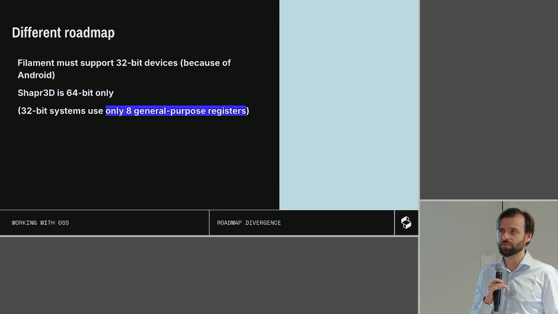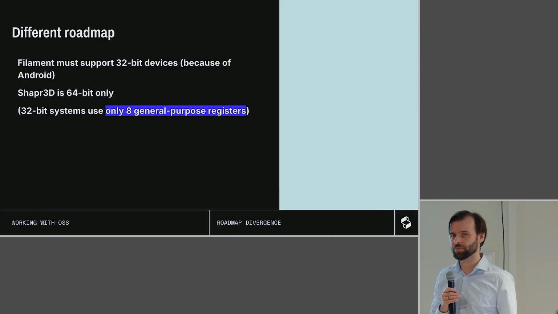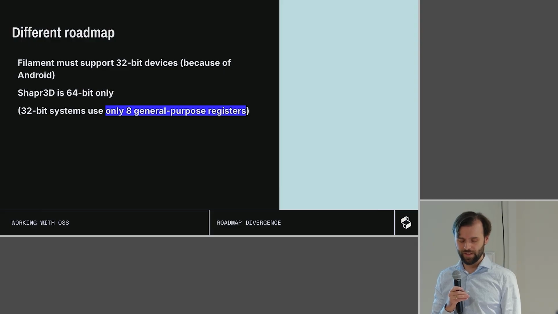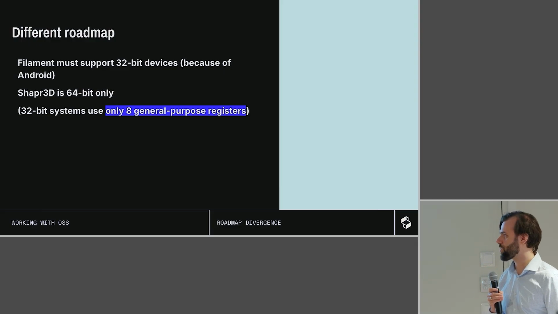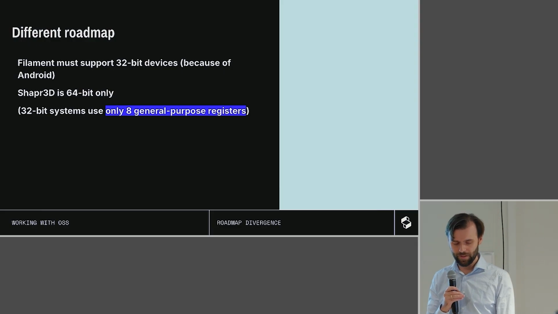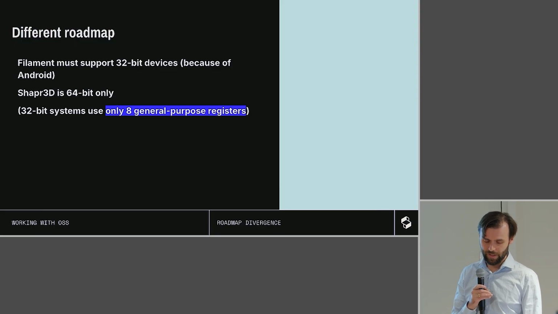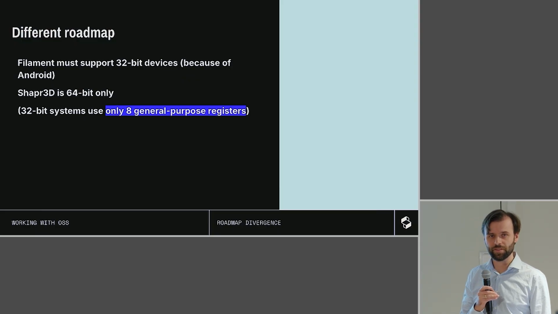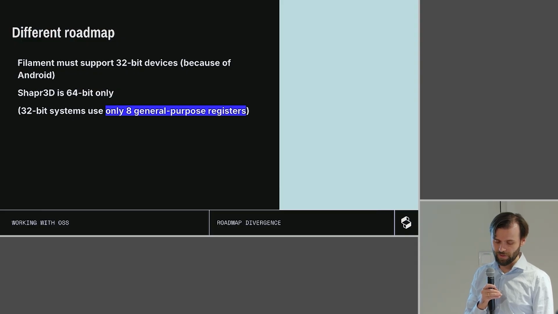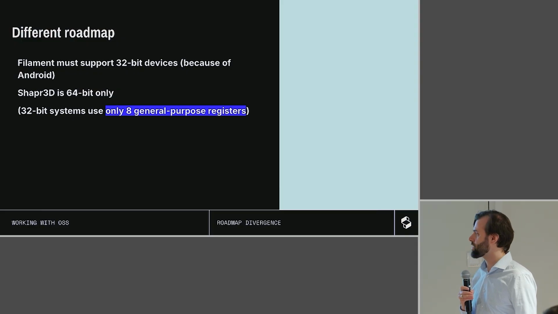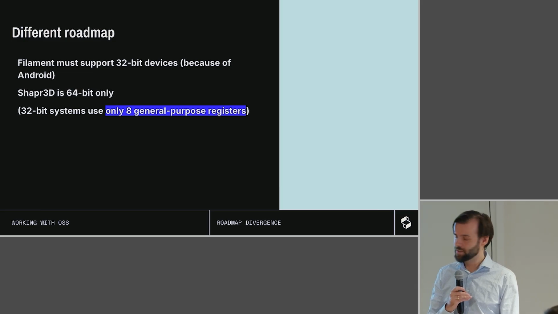The code would use one more register, which is not so okay on 32-bit systems where you have 8 general purpose registers. If you use up one more than you should have, that's a significant performance issue. So they rejected it. On 64 bits, you have more registers, and also we accepted this in our code. But this is a place where our vision was not aligned.